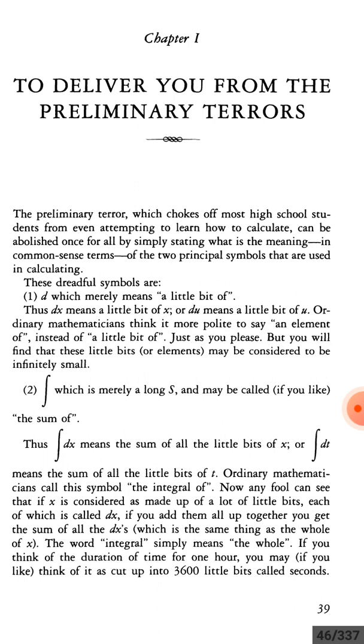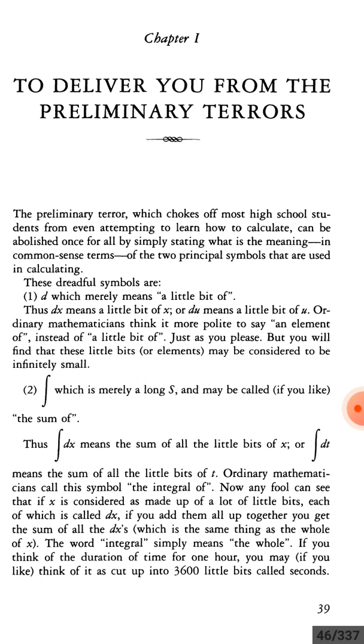Now any fool can see that if x is considered as made up of a lot of little bits, each of which is called dx, if you add them all up together, you get the sum of all the dx's, which is the same thing as the whole of x. The word integral simply means the whole.